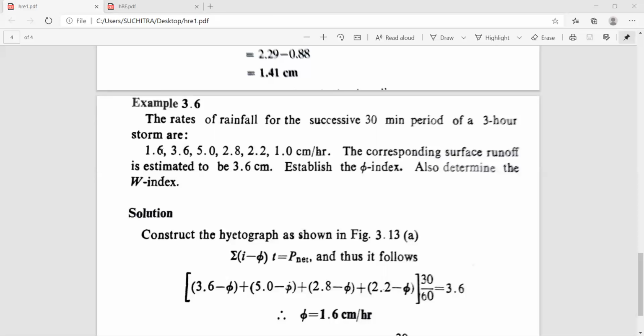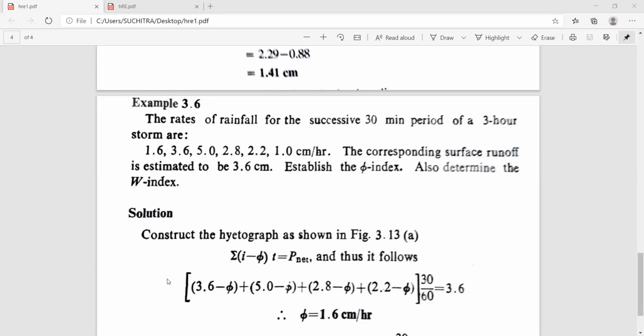Above this 1.6, the values have to be considered, because we have assumed a constant rate of infiltration. If you substitute these values, sigma (I minus phi) is 3.6 minus phi plus 5.0 minus phi, 2.8 minus phi plus 2.2 minus phi. The value below 1.6 is not taken into consideration. Only these 4 values have been taken.